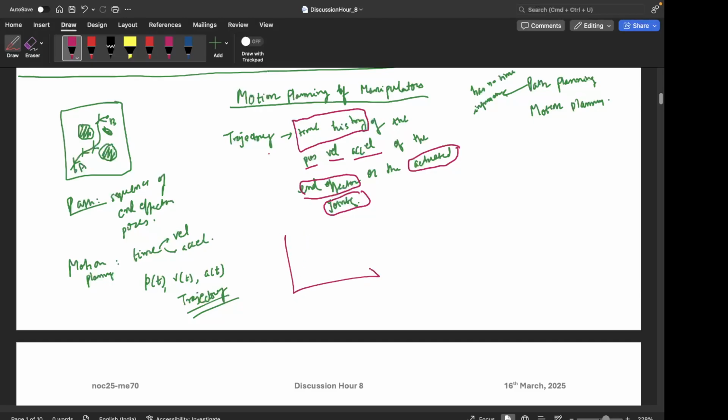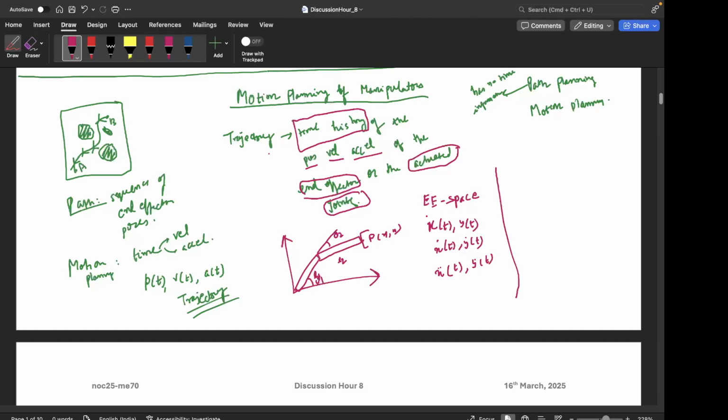So if we have a manipulator like this, with links L1, L2, and angles theta 1 and theta 2, and this is the end effector P at (x, y), then I can either specify in the EE space what is x as a function of time, y as a function of time, then x dot of t, y dot of t, and then x double dot of t, y double dot of t.